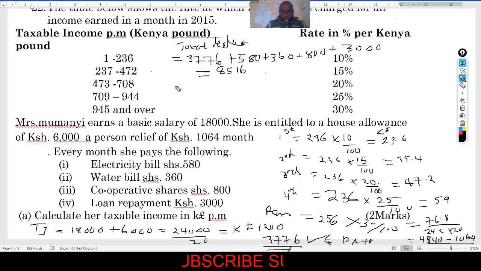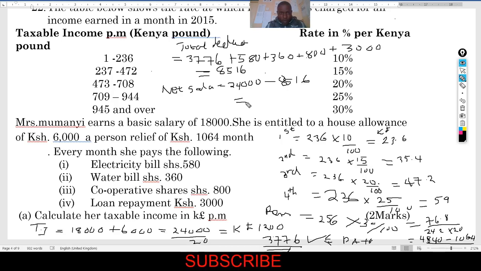Now, meaning that to get the net pay or net salary equals the taxable income, which is 24,000, less 8,516.